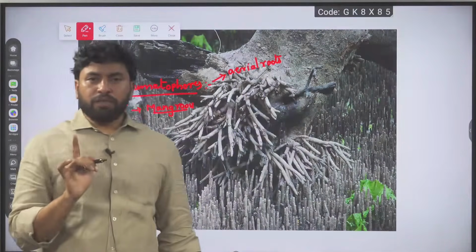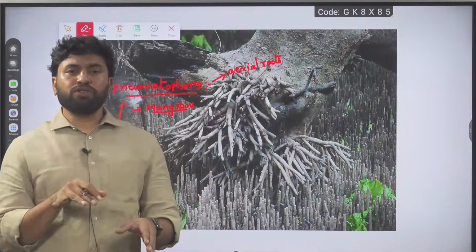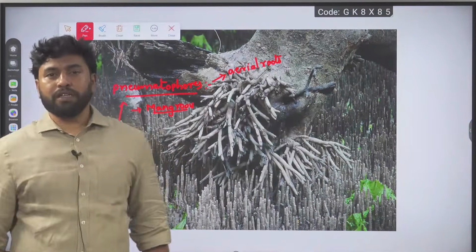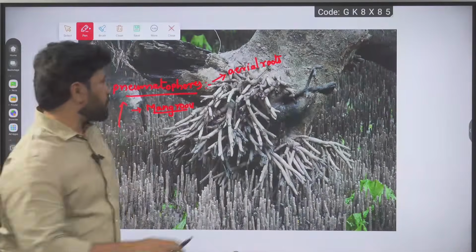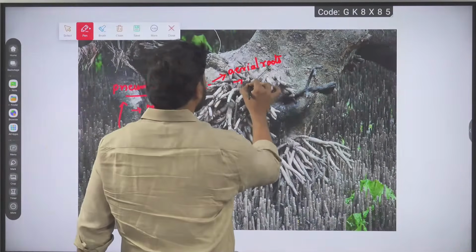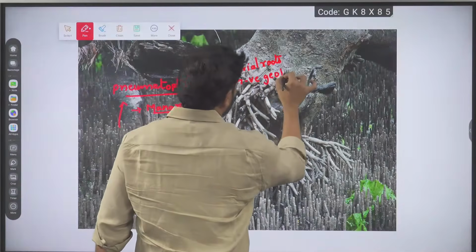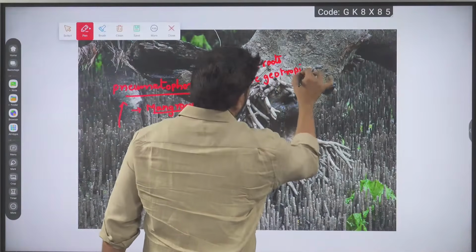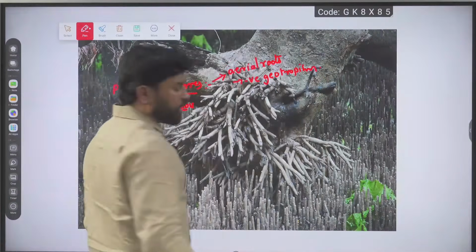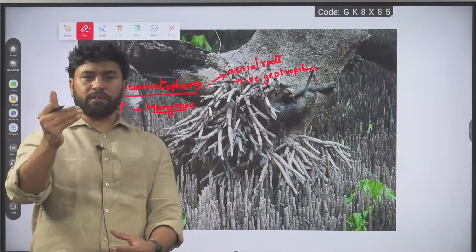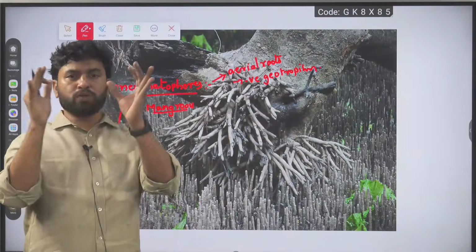The typical nature of a root is positively geotropic, but pneumatophores exhibit negative geotropism. What is the advantage of this negative geotropism? They will come to the surface of the soil and be exposed to air.